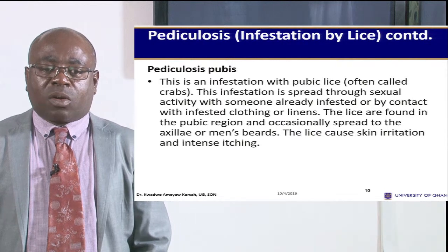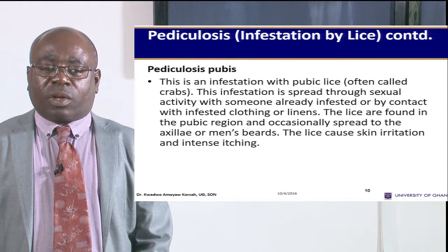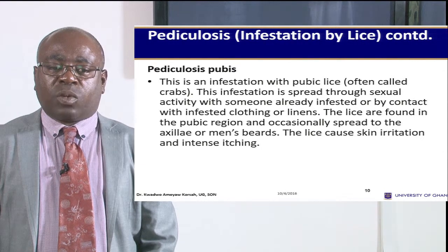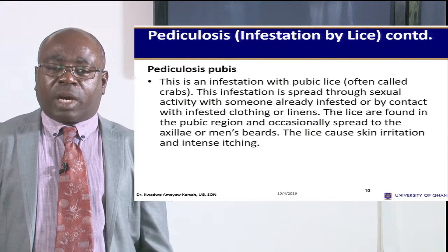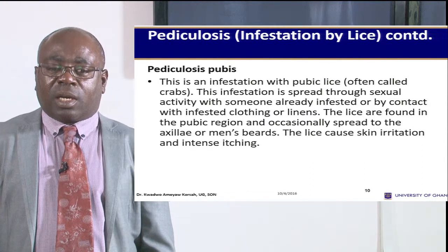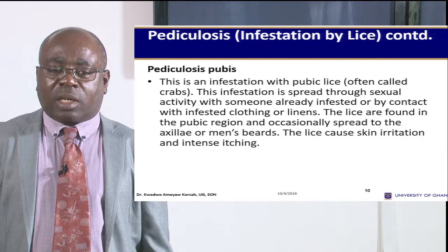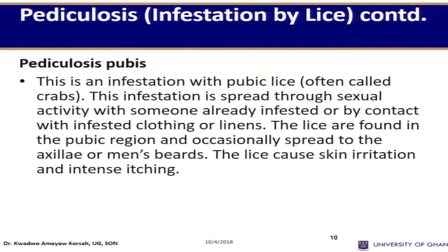We have pediculosis pubis, which is infestation with pubic lice, often called crabs. This problem spreads through sexual activity with someone already infested or by contact with infested clothing or linen. They are found in the pubic region and occasionally spread to the axilla or men's beard.